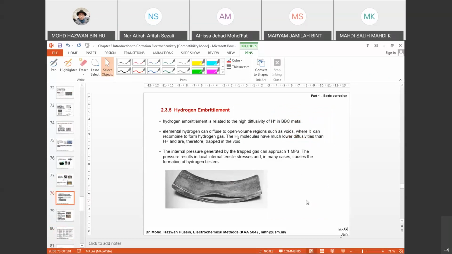Hydrogen embrittlement is where you have a trapped gas. Normally, hydrogen gas trapped in the materials. This can actually create a pressure on the materials, and later on can degrade the metals. So hydrogen embrittlement, you can see it a lot in batteries.